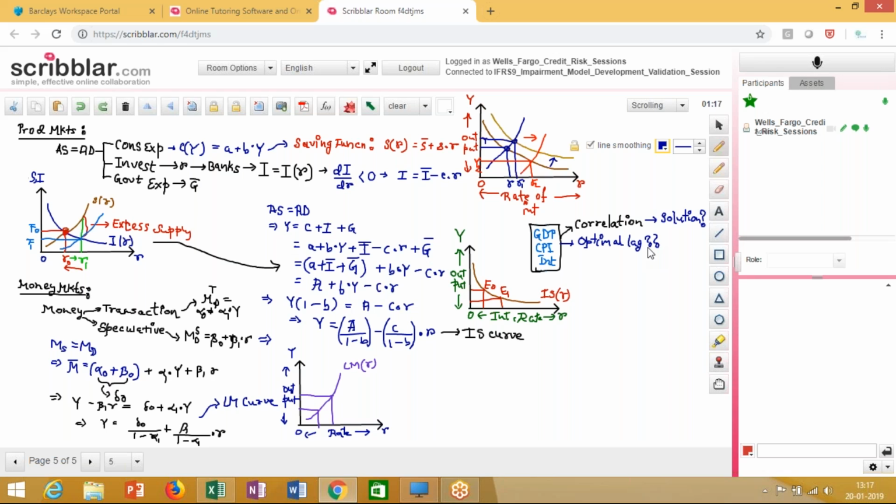Because if the lags of a macroeconomic variable are not serially correlated, then it is not possible for us to develop a time series model as such. So this becomes a very important difference between these behavioral variables and these macroeconomic variables. So these are the three.